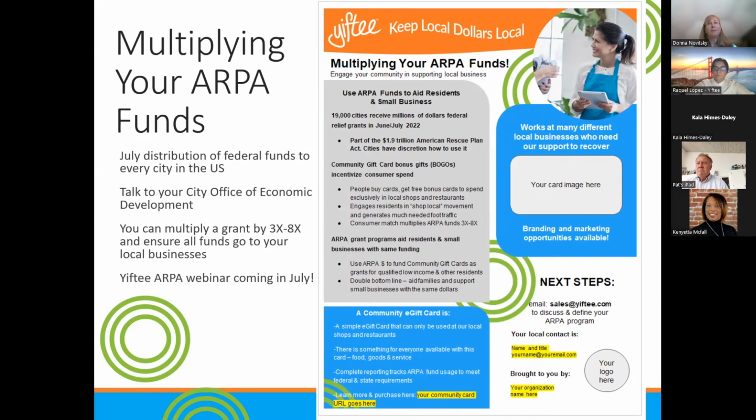We have a new partner called HDL Consulting. You might have seen a press release from us a month or so ago, and they are experts in American Rescue Plan funding, and have worked with us already in 7 different communities to roll out these programs.